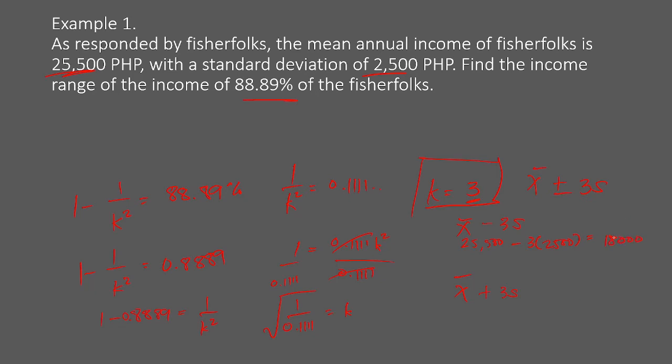So we will have here 18,000 pesos for our lower bound. And we will have again 25,500 plus 3s, that should be plus. So that will be 7,500 plus 25,500. We will have here 33,000.